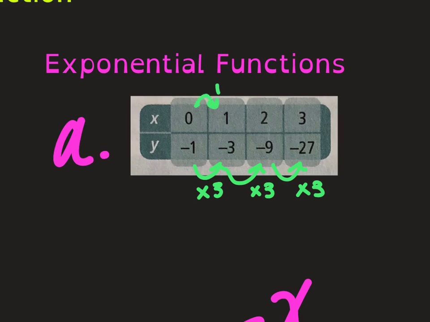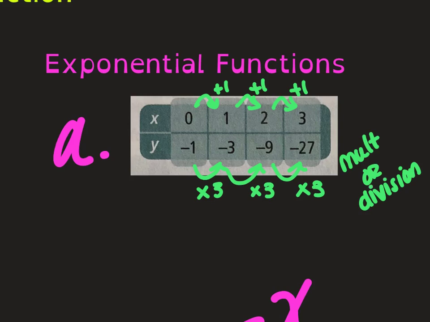And here we're going up by 1. So yes, we still have a constant rate of change, but here notice that we're multiplying. So if you notice that your table is going up through multiplication or division, that's a good way to tell. Okay, so here our rate of change is technically multiplying by 3 over 1.